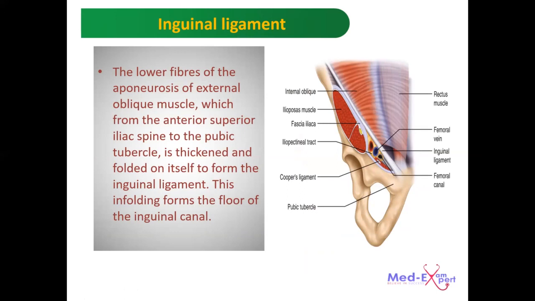Okay. Now we will talk about a very important area again for single best answers, which is the inguinal ligament and the inguinal area anatomy as a whole. Okay, what is the inguinal ligament? The inguinal ligament is the lower fibers of the aponeurosis of the external oblique muscle.